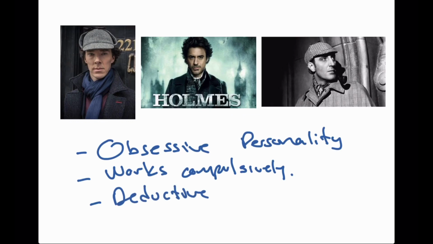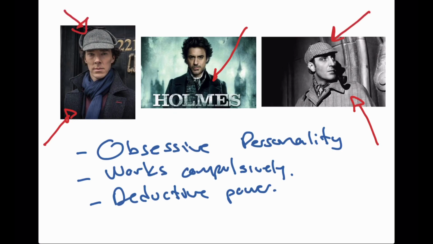Besides, again, there are the physical characteristics, like, I don't know, that all of them use a pipe. Well, in the first picture he doesn't use a pipe; he uses cigarettes. But the middle one and the right one use a pipe. They use that kind of hat. The coat is characteristic too. They normally use a scarf.